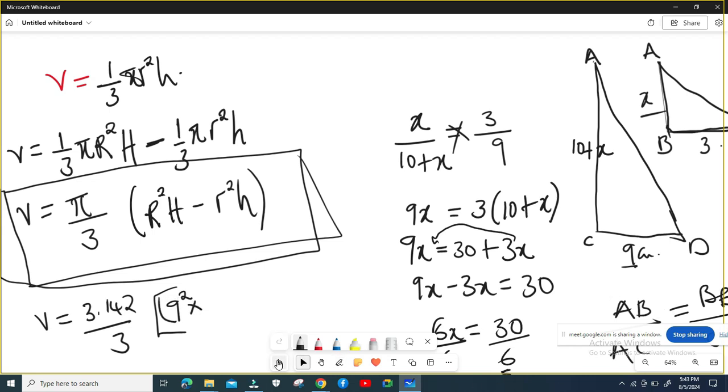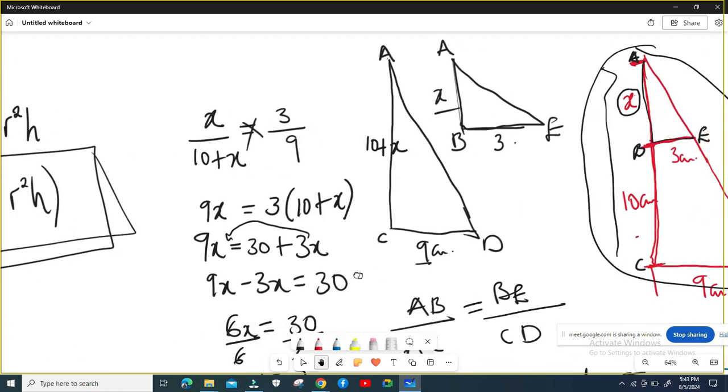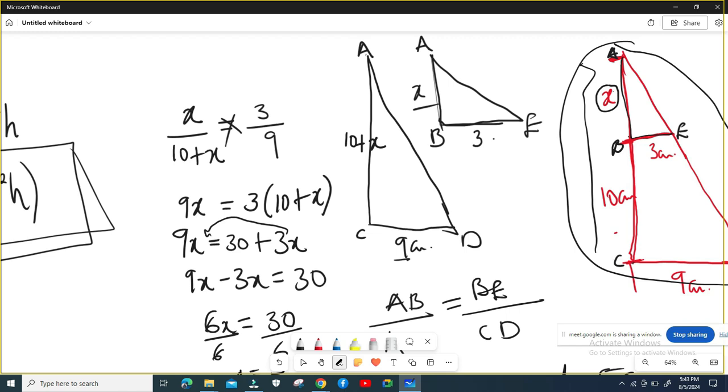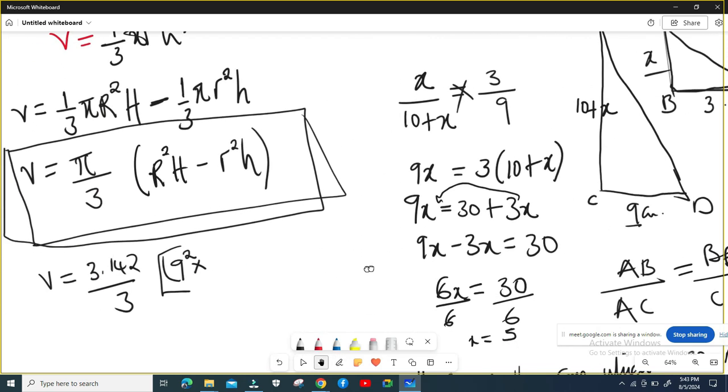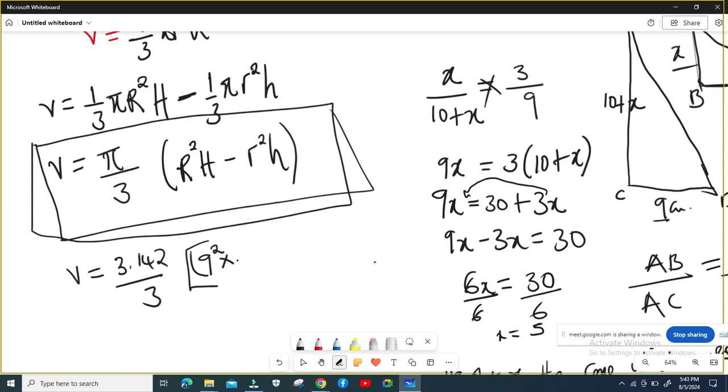The frustum from here up to here is 10, and then the x is 5, so the total height is 10 plus 5, which is 15. So times 15, minus the small radius, 3 squared, times the height which was removed, which is 5.